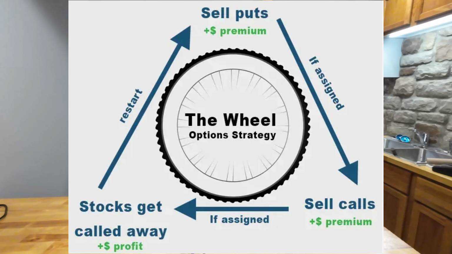Now, after a period of time, which was 7 weeks for me of getting paid every week, I got assigned again. So when I got assigned again, the stock got called away. What do you do next? You restart the wheel. You go back to selling puts, and round you go. And the point is to make that income every week.